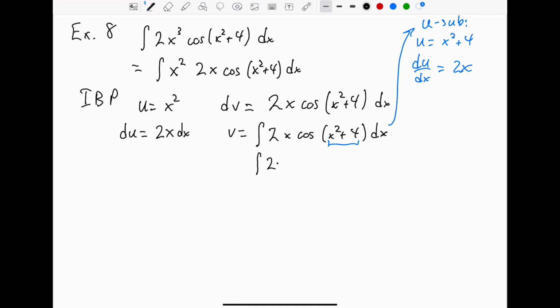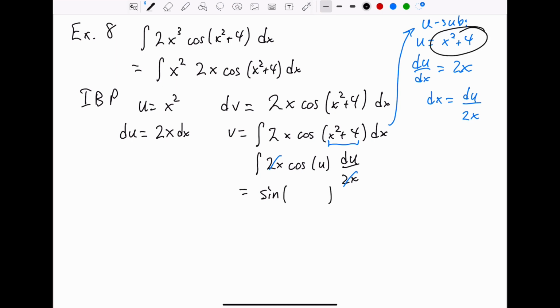We have the integral of 2x cosine of u dx. Oh, we forgot to solve for that. dx here is du divided by 2x. So dx in the integral becomes du divided by 2x. The 2x's cancel, and we're integrating cosine of u. Antiderivative of cosine is sine, and instead of writing sine of u, I'm going to replace the u with x squared plus 4.